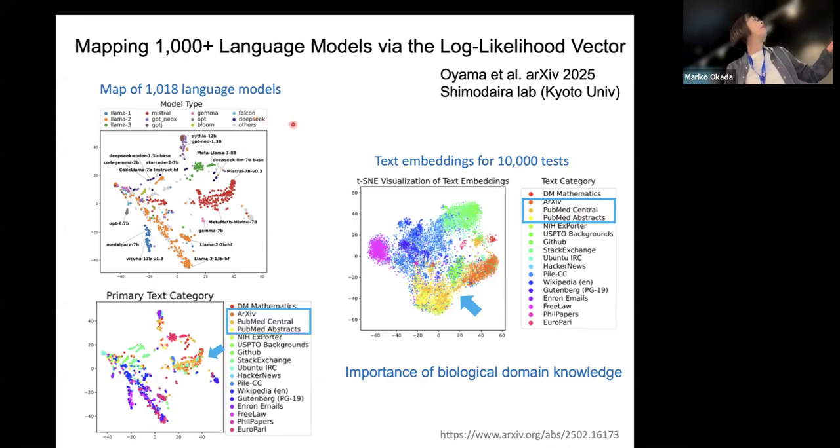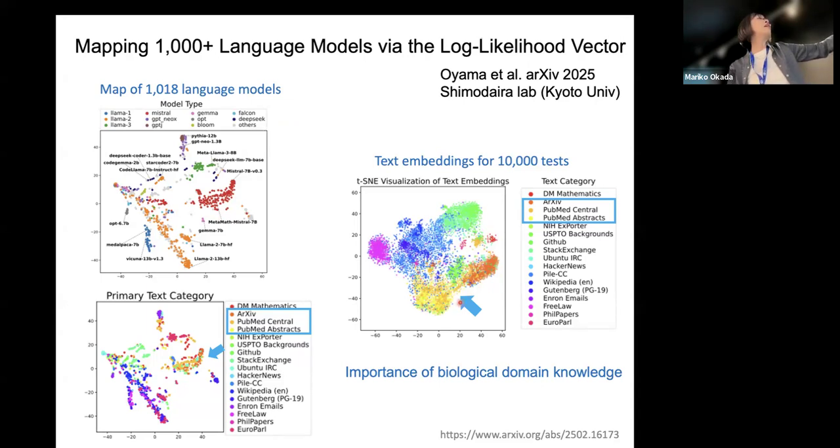They tested more than 1,000 language models, and they see that each developer has a very close approximation of the characteristics of their language models. But what we are concerned about is how the language models are trained.